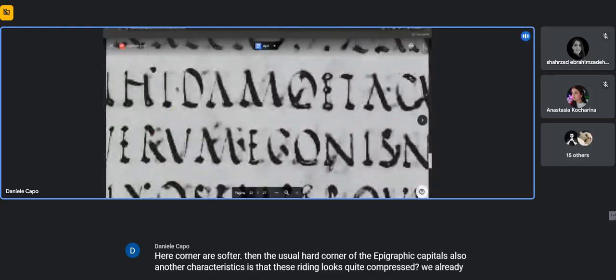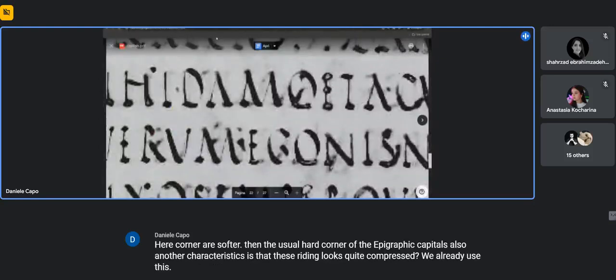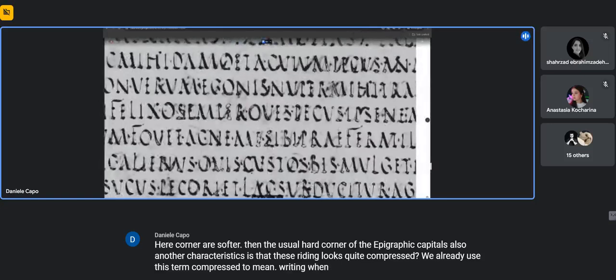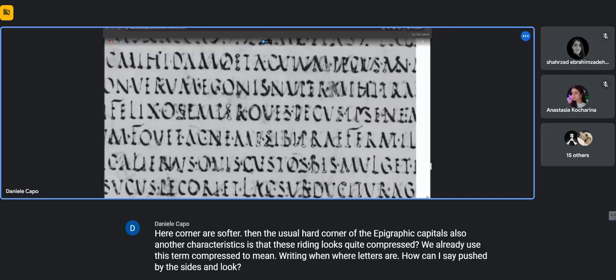We already used this term, compressed, to mean a writing where letters are, how can I say, pushed by the sides and look more vertical than horizontal. Look at the E, how compressed it is.